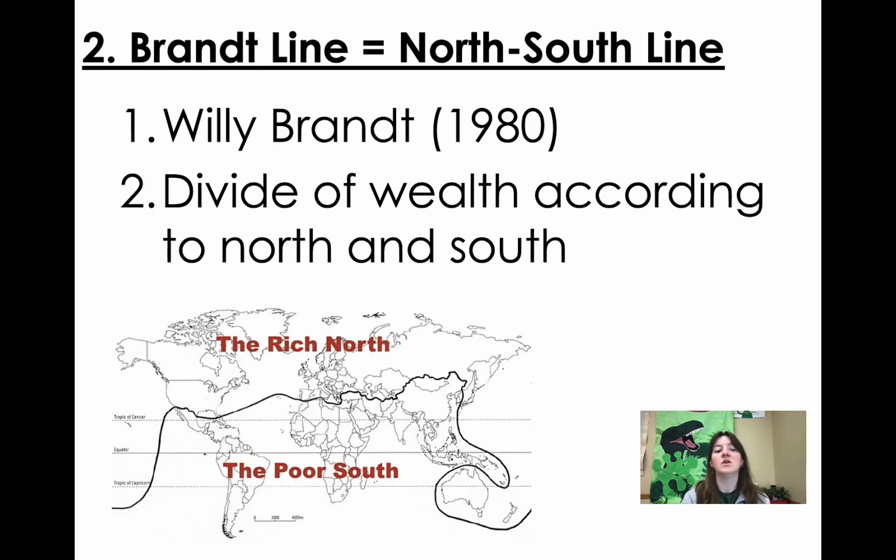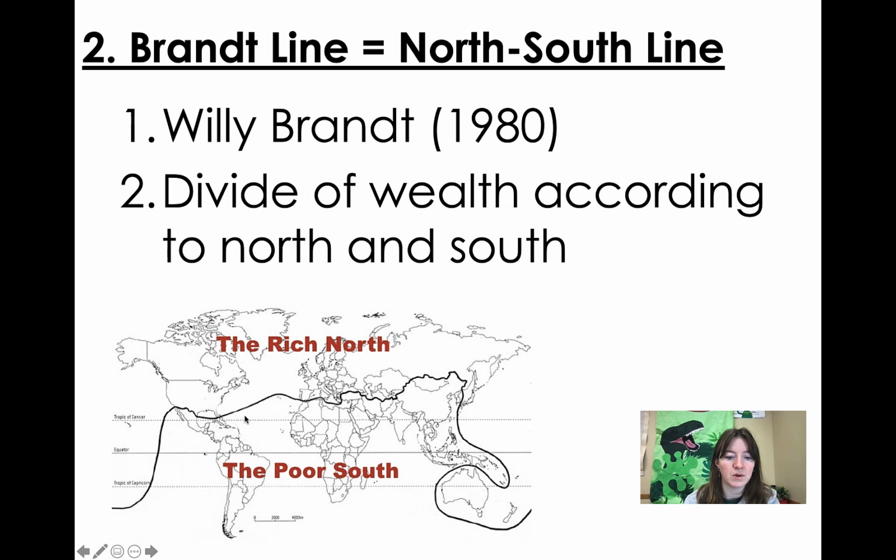Okay, so there is another concept called the Brandt Line, or the North-South Line, and this is developed by a guy by the name of Willy Brandt in 1980, so still during the Cold War. And this line divides the wealth according to the North and South. So it looks like this. You have the rich North and the poor South. You take your line, you draw it through the United States between us and Mexico.